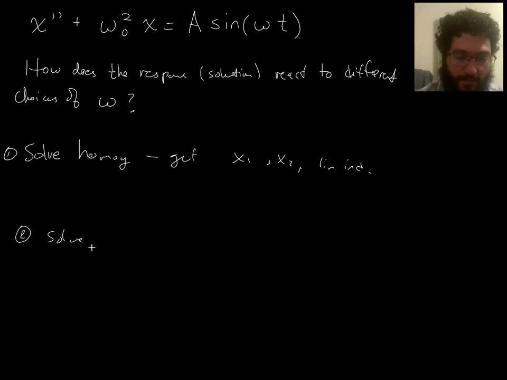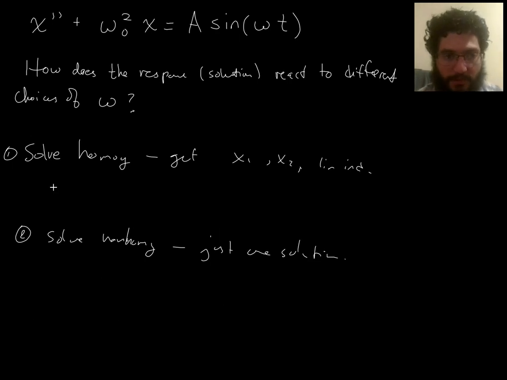Then solve non-homogeneous. Just one solution is what we want for that, and then add them. So let's start with number 1. That one basically we already did, right? So guess e to the lambda t, get lambda... how about I write the polynomial?